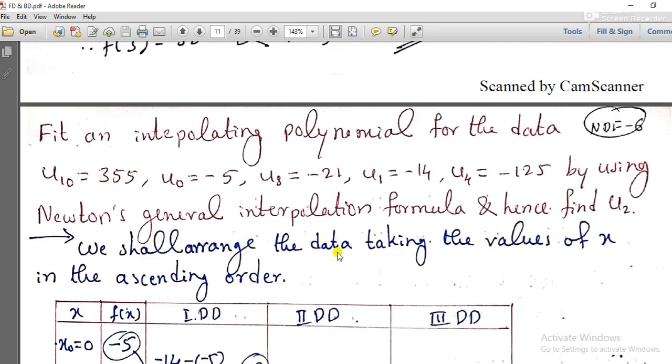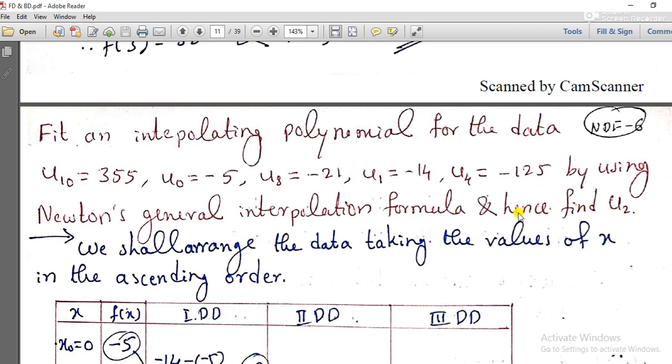Similarly, the second question: fit an interpolating polynomial for the data u10 equal to 355, u0 equal to minus 5, u8 equal to minus 21, u1 equal to minus 14, u4 equal to minus 125, using Newton's general interpolating formula, and hence find u2.